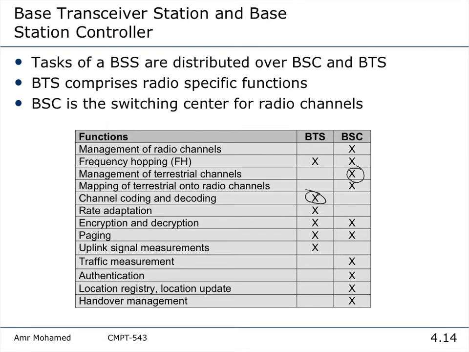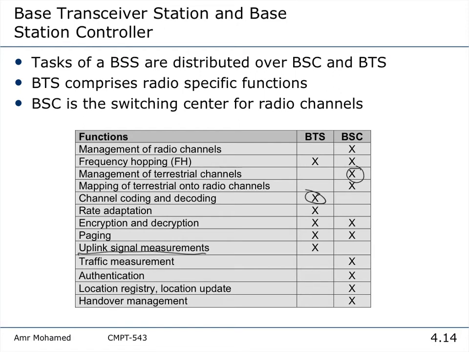There are uplink signal measurements, and these signal measurements are very important for handover. So when do I decide that this mobile station needs to perform handover from one cell to another? This uplink signal measurement, what does it mean?